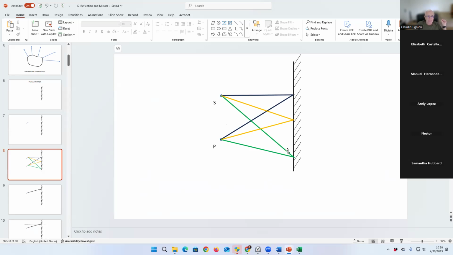Because we are dealing with a homogeneous medium here, in which the velocity of the light is the same everywhere, it's possible to prove that this length plus this length is going to be less than the length of any possible path.